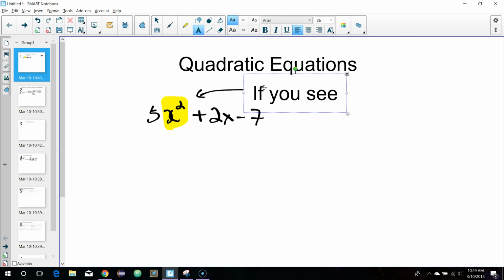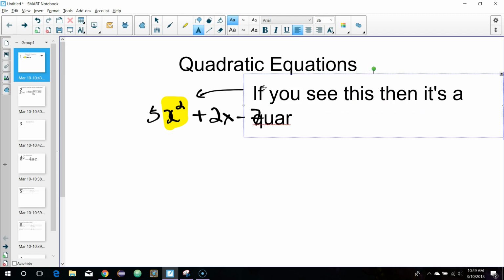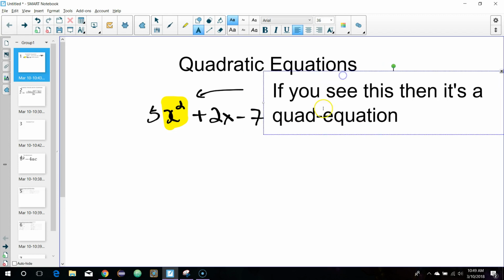Of course, I'm missing the equal sign. If you see this term, then you have yourself a quadratic equation.